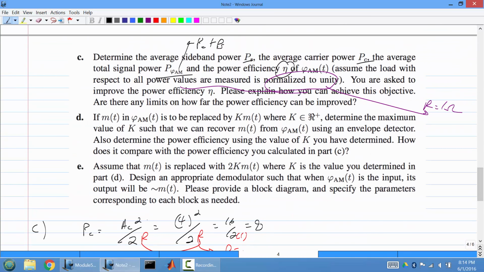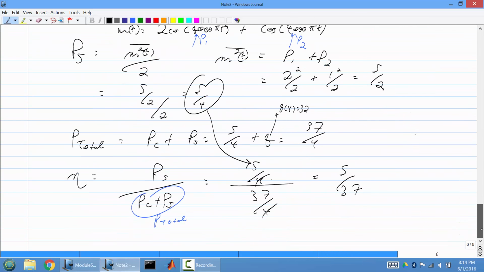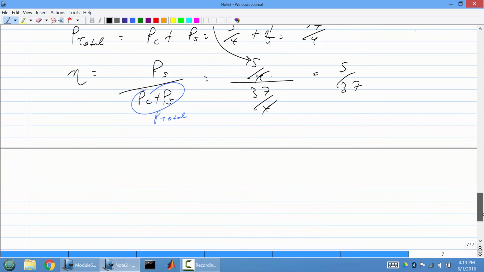So I got the efficiency, the carrier power, and the average signal power. Now you are asked to improve the power efficiency. How exactly would you do this? And are there any limits to how far you can get? Well, that's pretty simple.